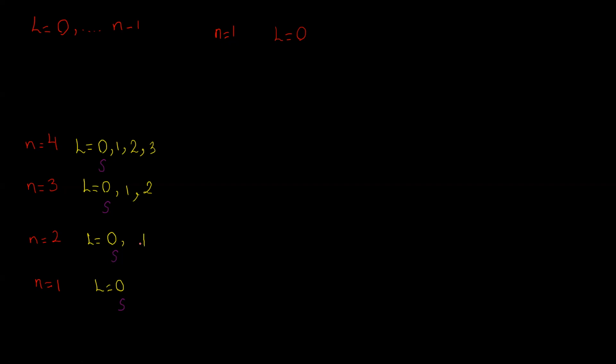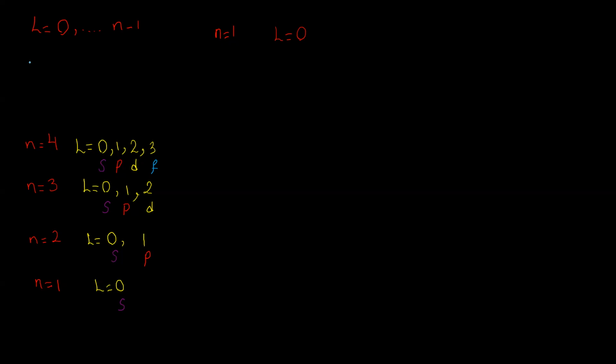And L equal 1 is P. So the type of orbital, we name it P. 2 is D. And 3 is F. So far we know in each shell how many types of orbital we have, but still we don't know how many S orbital we have, how many P, D, or F.